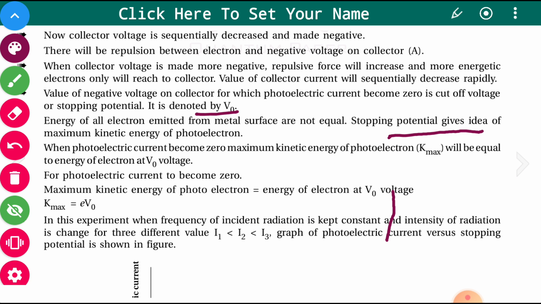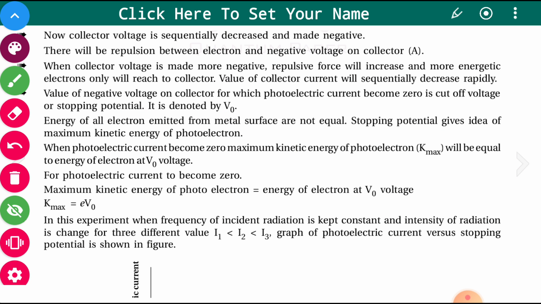Stopping potential gives an idea of the maximum kinetic energy of the photoelectron. So up to that potential some electrons were reaching, so they were having the maximum kinetic energy, we can say. And if that potential, that is V0, is reached on the collector and they stop coming, it means that much amount of energy the electrons were having earlier, and that gives you the idea of maximum kinetic energy.